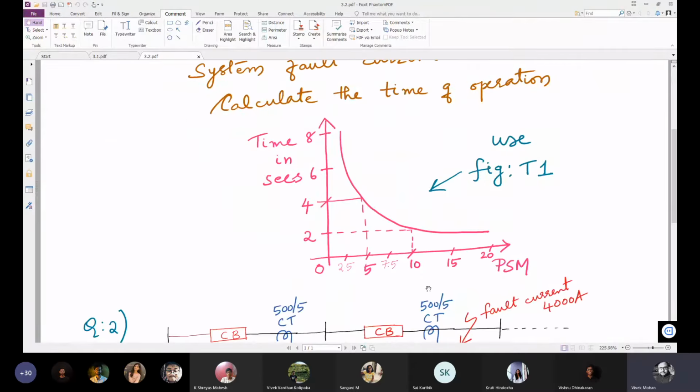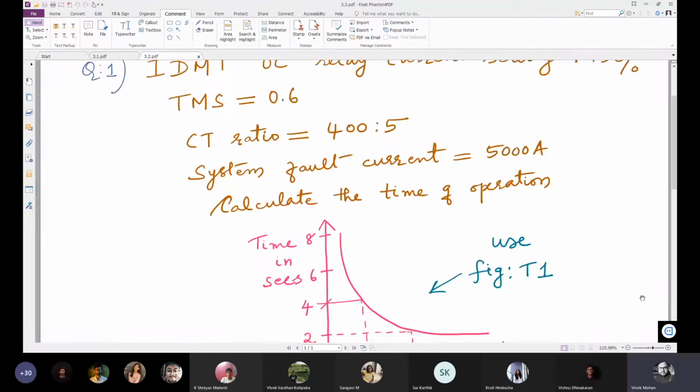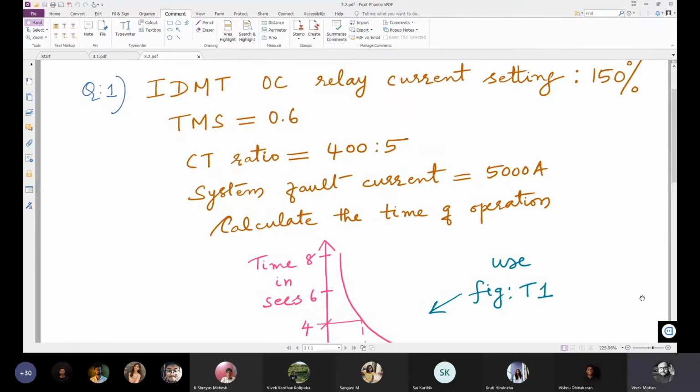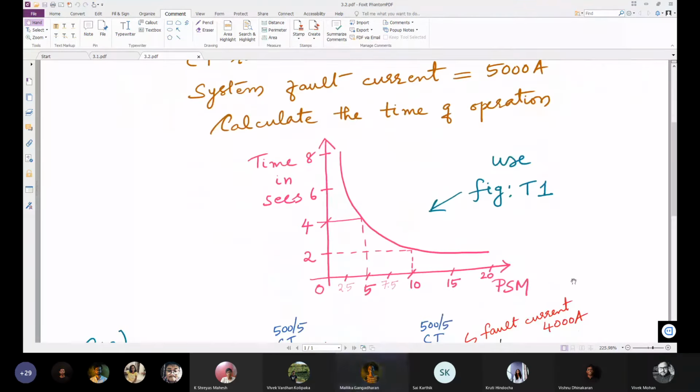Okay, before getting the characteristic, what should we know? If you want to find the time of operation of the relay, what should you do? So we find the PSM value. Yeah. And then from the curve, we take the time and multiply it by the TSM.